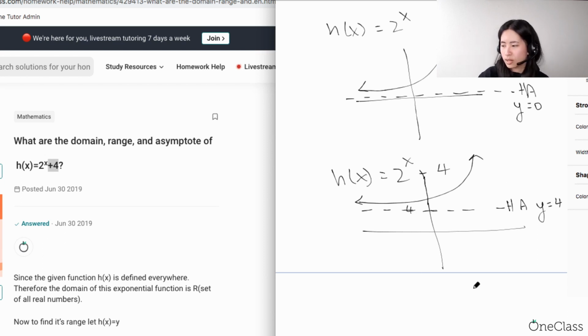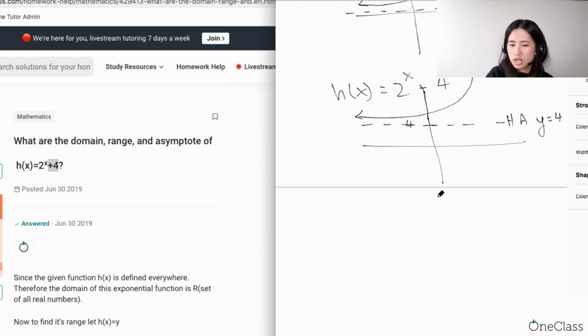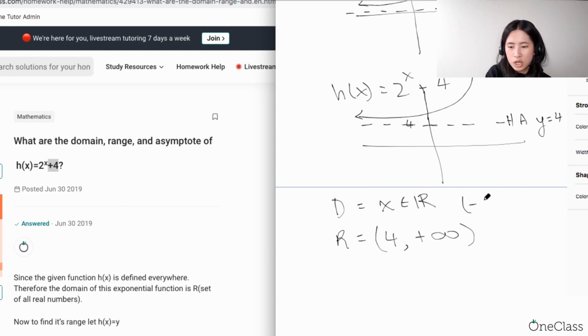Let me just write that down. So the range is y greater than 4. In interval notation, this would be written with 4 not included, so we have a round bracket, 4, comma, positive infinity. And we know that the domain is always going to be x, all real numbers, or in interval notation, negative infinity to positive infinity.